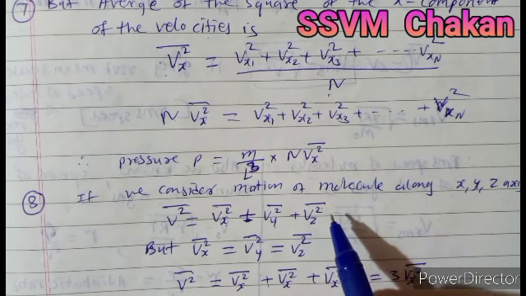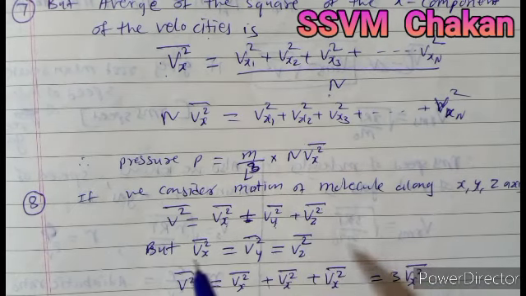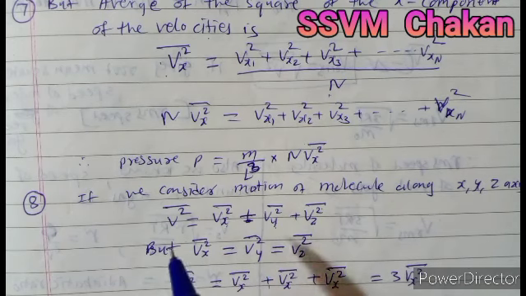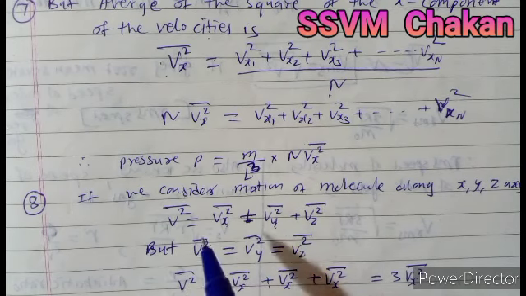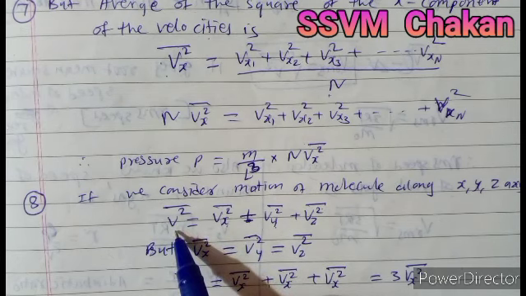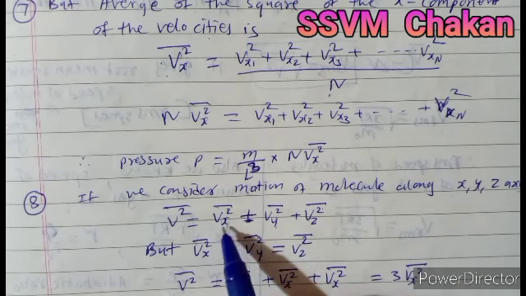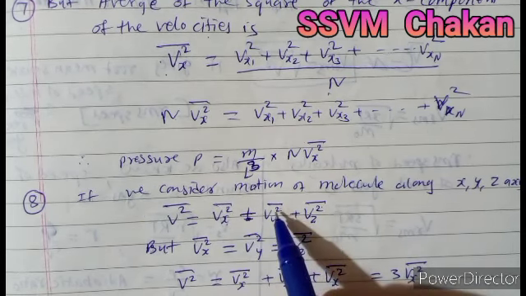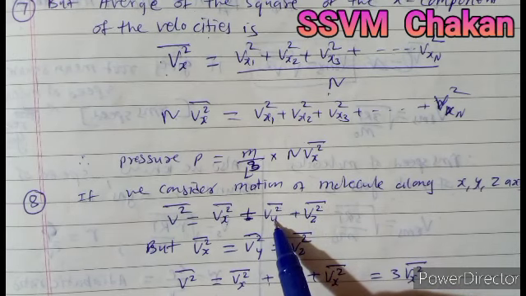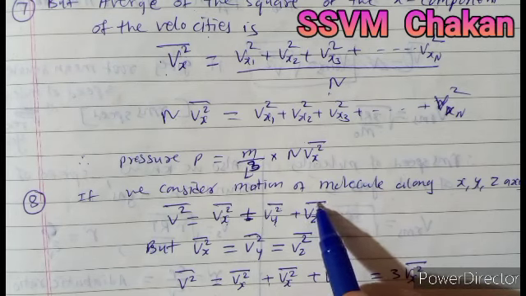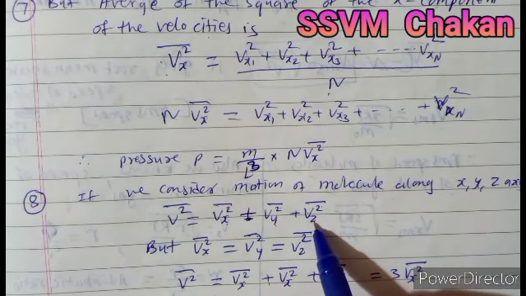Using that, we find the net or total square average velocity, which is v square bar, equal to the square average velocity along the x-axis plus along the y-axis plus along the z-axis.